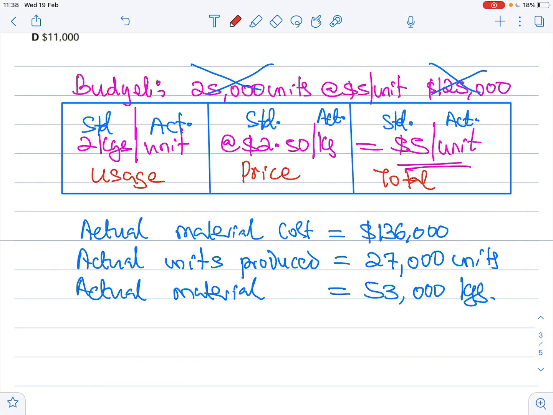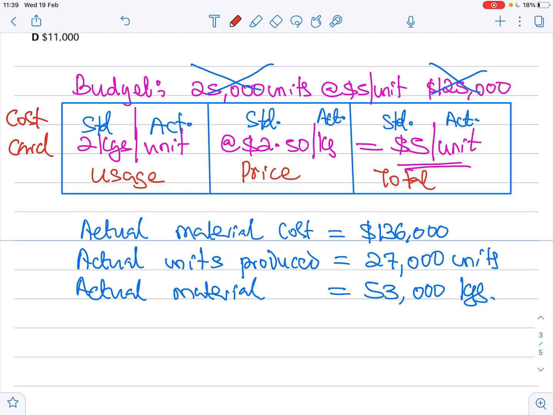So your standard information is all of these boxes. Your cost card is saying 2 kgs per unit at $2.5 per kg, and this gives rise to $5 per unit.